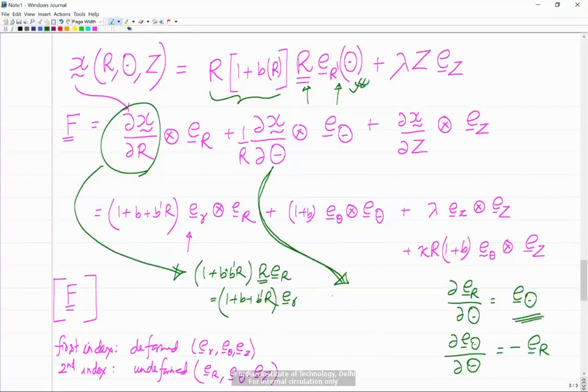So what you get is R into 1 plus B into big R into E big theta, which is same as R into 1 plus B into E small theta. Okay, and this is what you see here. You have to also divide by big R, so this goes away, and you just get 1 plus B E small theta.